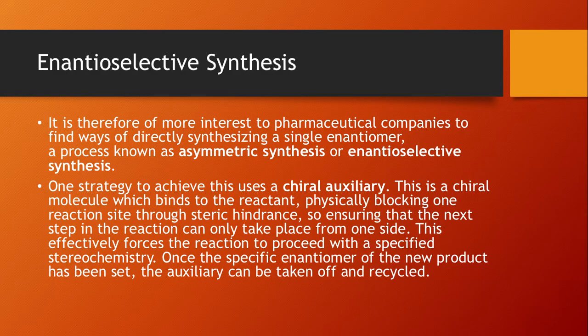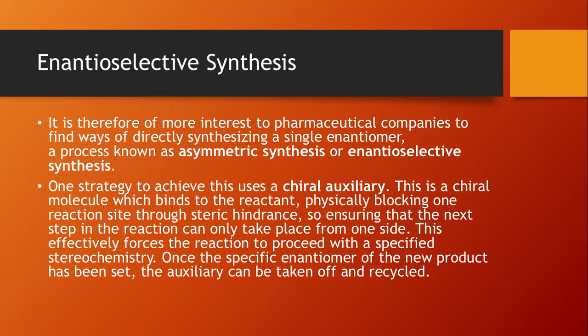So how do we go about designing, creating this Taxol? This is called enantioselective synthesis. It is therefore of more interest to pharmaceutical companies to find ways of directly synthesizing a single enantiomer.